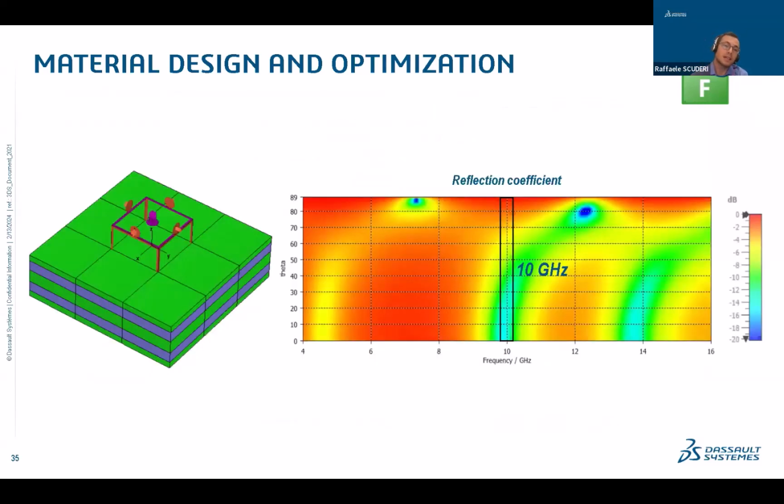And similarly to the case of the FSS, I've also designed a radar absorbing material here at 10 gigahertz using the same approach. So again, I started from this layered structure, as you can see here, and I optimized the structure to absorb at least 10 dB at 10 gigahertz.